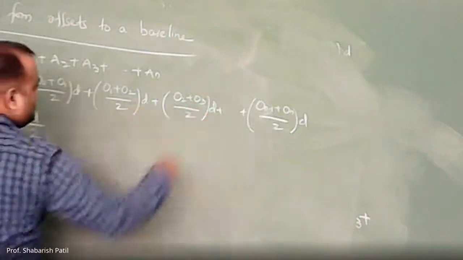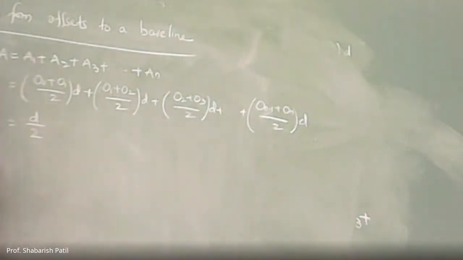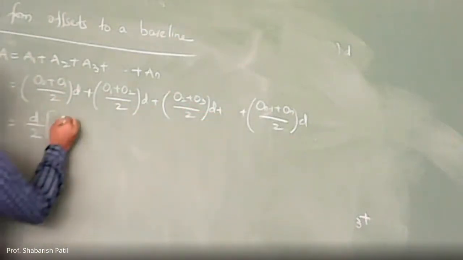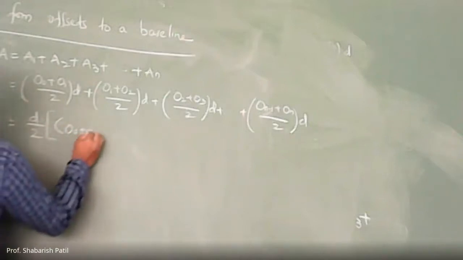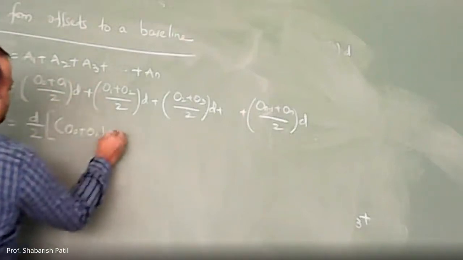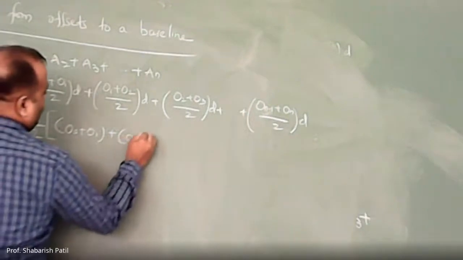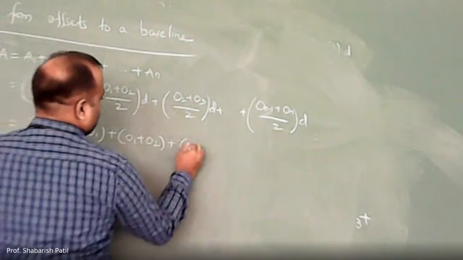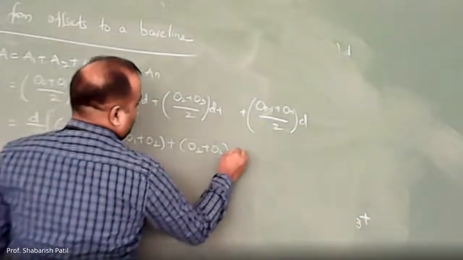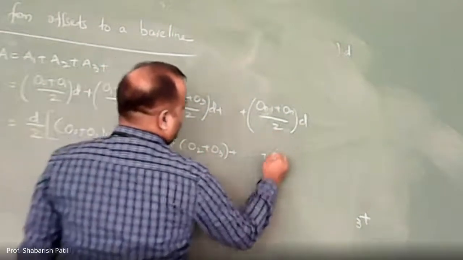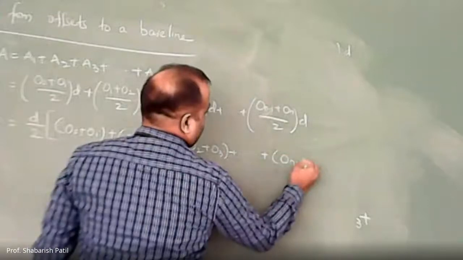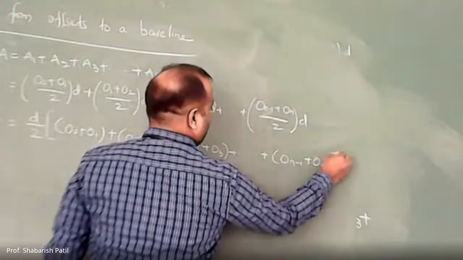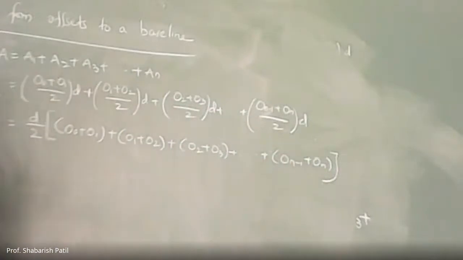D by 2 is common in all the terms, multiplied by O0 plus O1 plus O1 plus O2 plus O2 plus O3 up to O(n minus 1) plus On. Any difficulty in this step? No, sir.